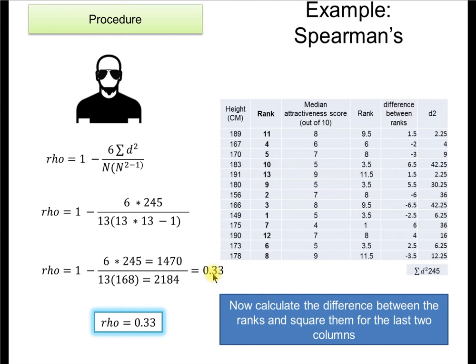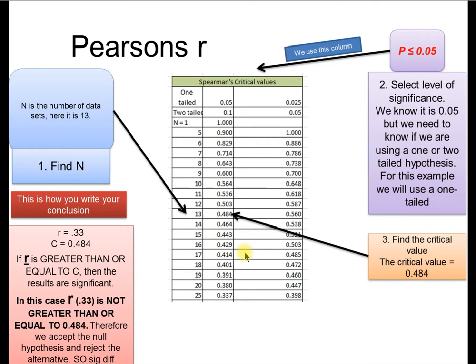It's a positive value, and as you can see, if 1 is a perfect correlation, 0.33 is a relatively weak one. But if the sample size is big enough, it may still be significant. So let's find out if it's significant. For 0.33, we have 13 participants at a one-tailed hypothesis at a critical significance level of 0.05.